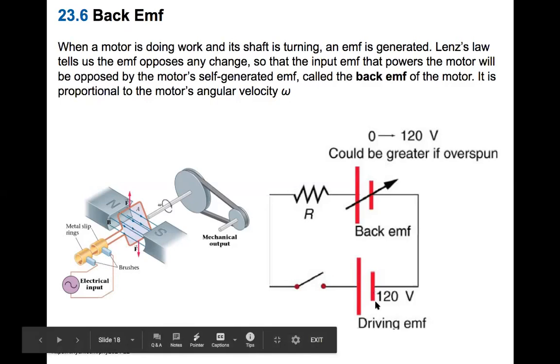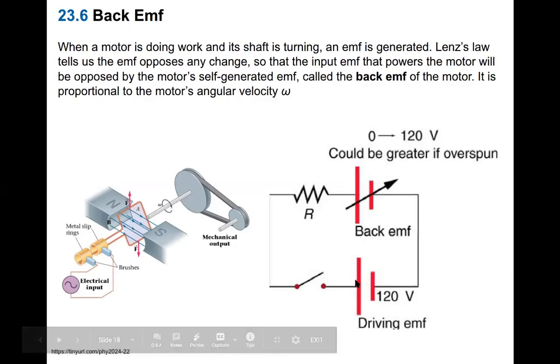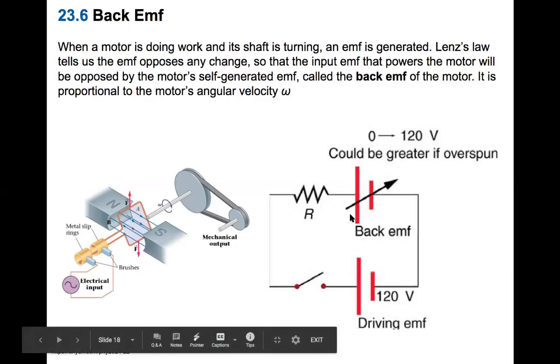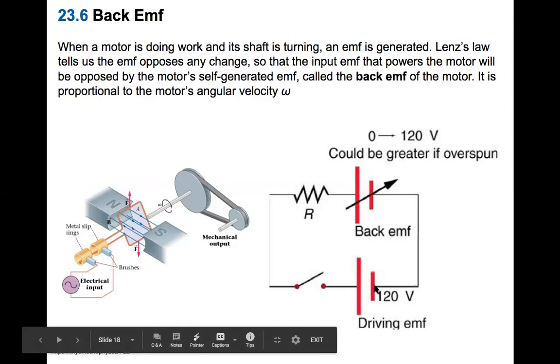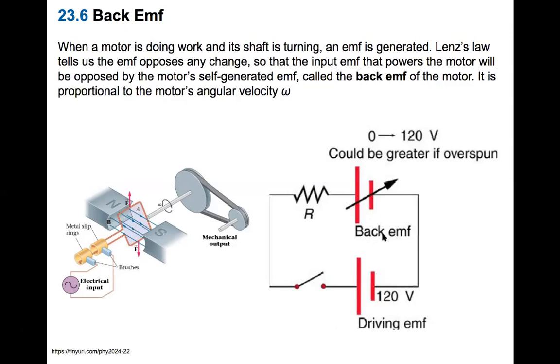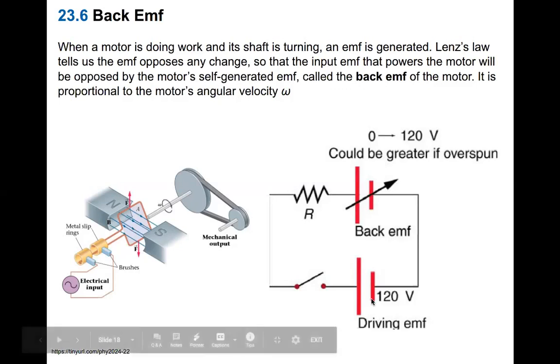Say you are supplying 120 volts as the input electric signal into the motor. Because the motor is turning, there will be a back EMF induced, in the opposite direction of the input. The induced EMF is called back EMF because it is opposite to the original input.